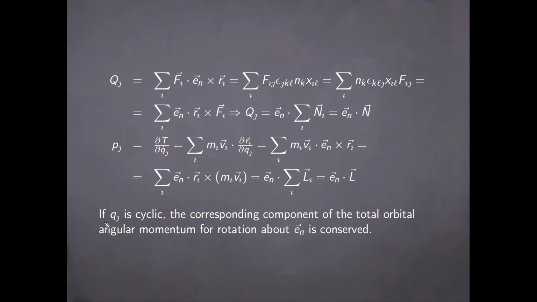So if Qj is cyclic, the corresponding component of the total orbital angular momentum for rotation about the direction of versor En, let's say, is conserved.